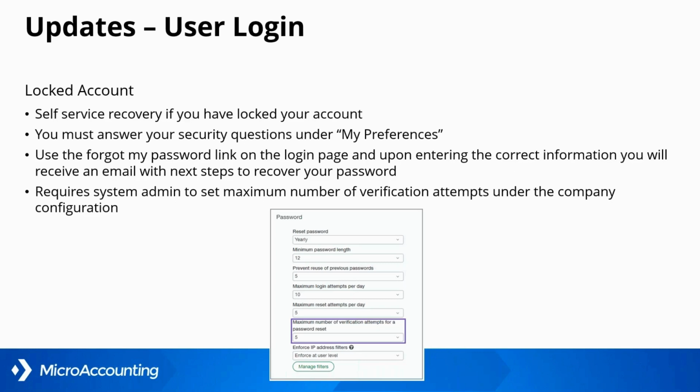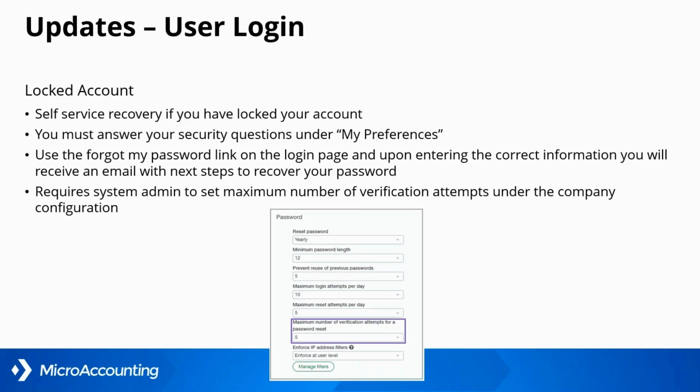We do have now that third setting to set a maximum number of verification attempts for a password reset. That does require the system admin to go in and set that. It will have a default in there, so if you forget, it will have that default value. I believe it defaults to 5 attempts, but you can adjust that more or less if you want to lock it sooner.